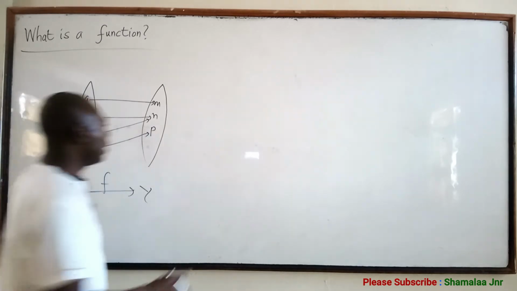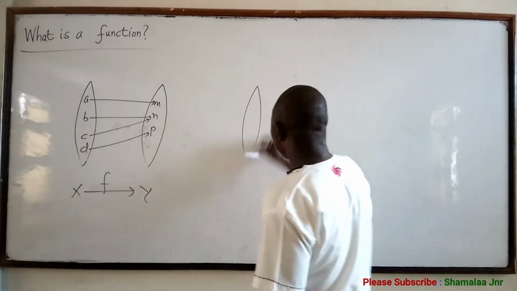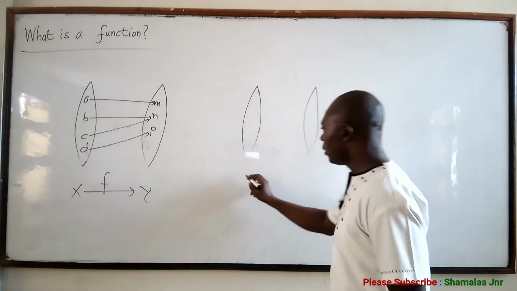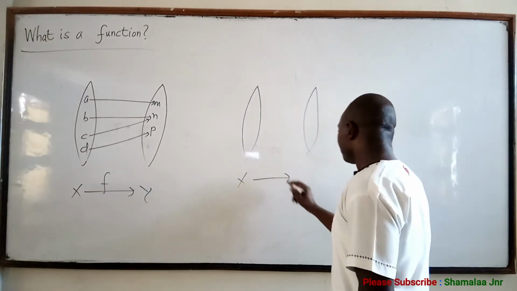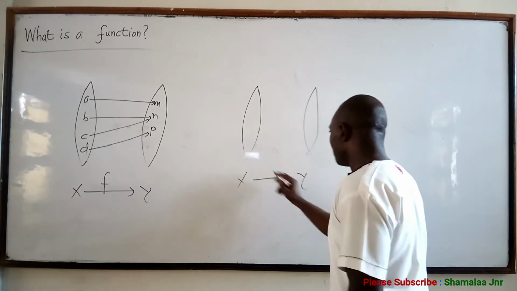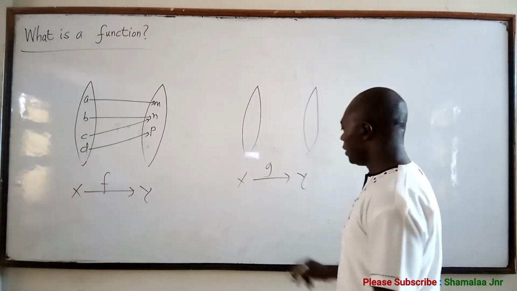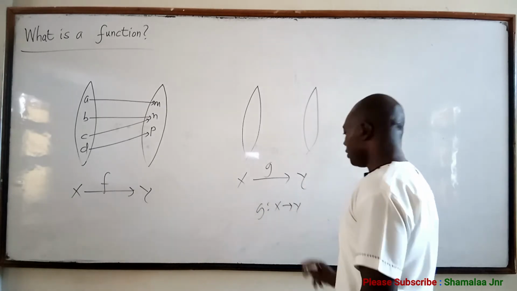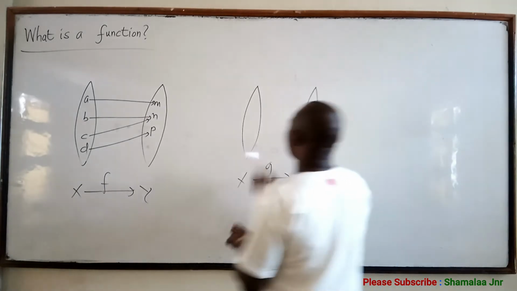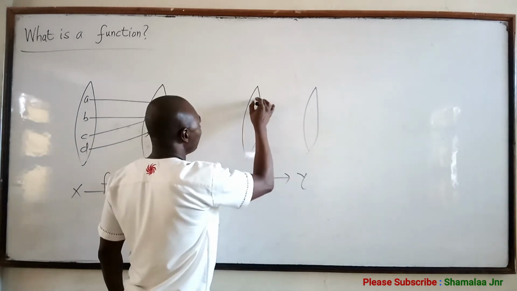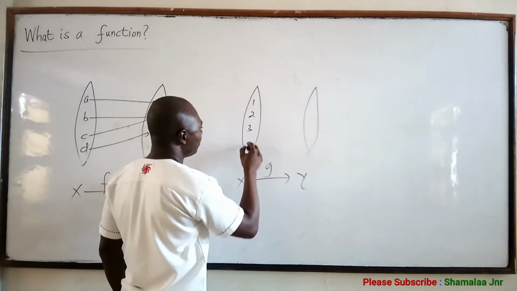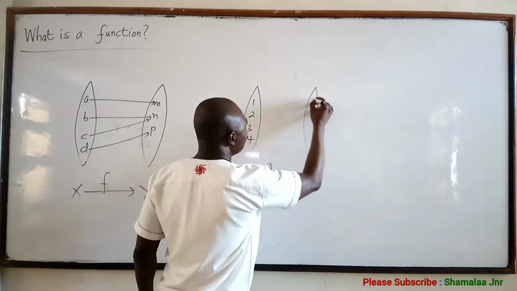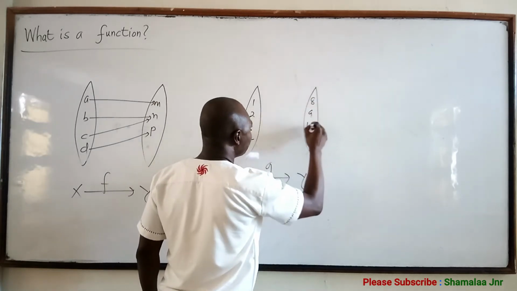Now let's look at another one. You can have something like this. Let's call this one a function G. And so you can say G, and this is the function. Okay. Now, if you have, let's say, 1, 2, 3, 4, and then this one can be, say, 8, 9, 10.